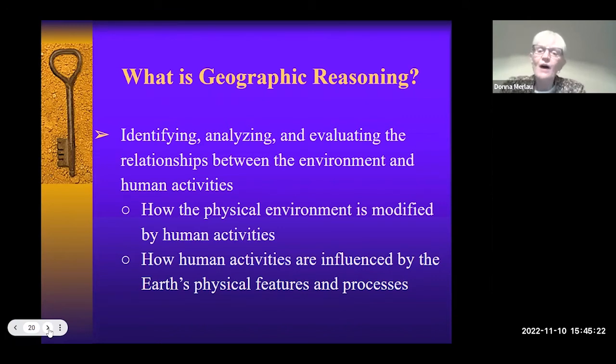And I'm also looking at how human activities are influenced by the Earth's physical features and processes. Climate, earthquakes, volcanoes, flooding, right? Earthquakes, volcanoes, flooding, those are all processes that are part of the Earth. Rain, desert, okay.